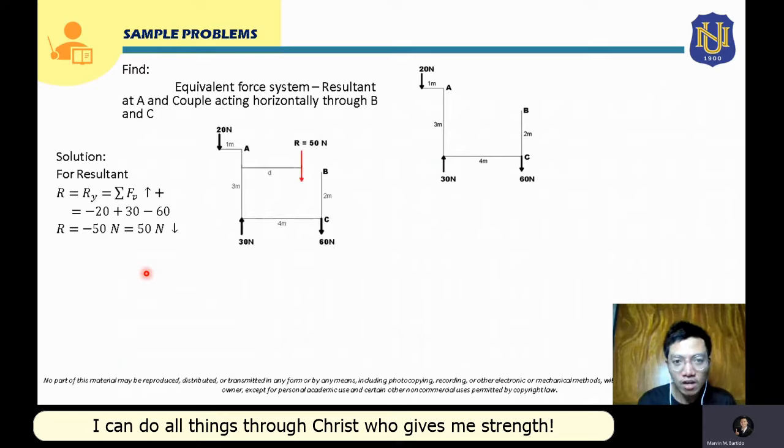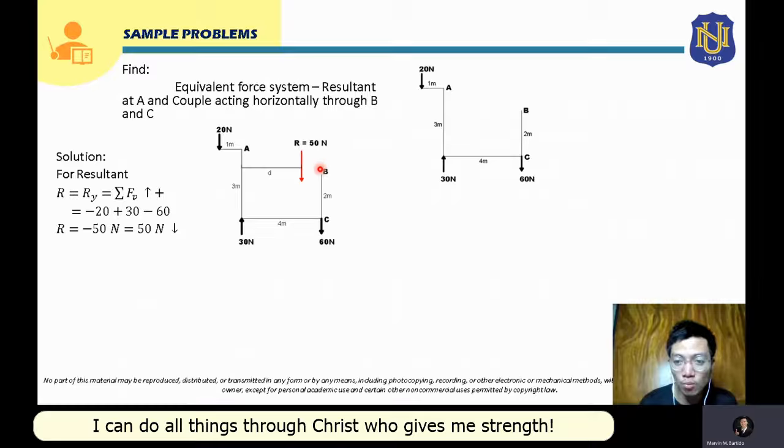From here, we can assume that our resultant, which is 50 Newton downward, is located somewhere here. It should be near the 60 Newton force because this is the largest load, or largest force involved here.